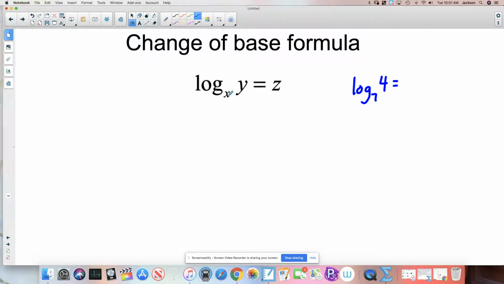We're calling this log base x of y, and that's equal to z. And at this point, you should know that a logarithm is an exponent. So it has an equivalent form that we call exponential form, where the base of the log is the base of the exponent. So we have an x that is raised to a power.